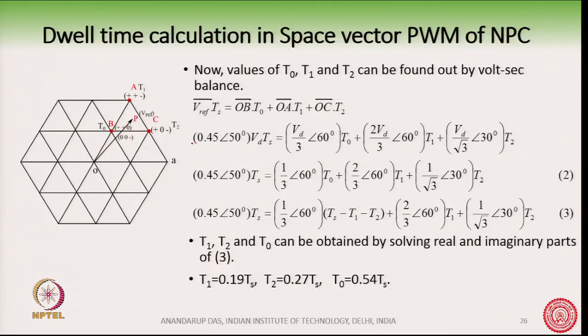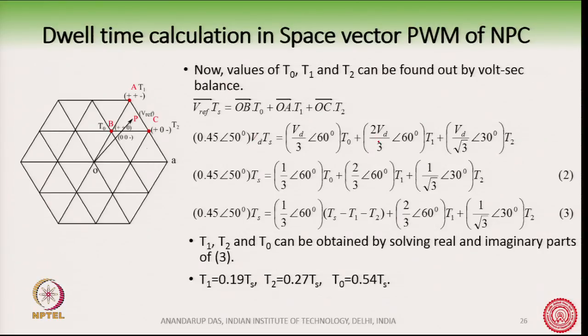So, then Vref is 0.45 angle 50 degree times Vd, and OB is nothing but Vd by 3 angle 60 degree. So, this is the vector OB, and then you have OA, OA is 2/3 Vd at an angle 60 degree, and OC is Vd by root 3 at an angle of 30 degree.